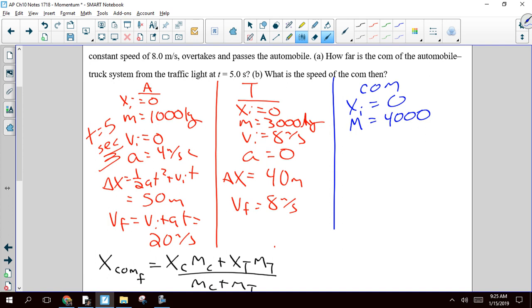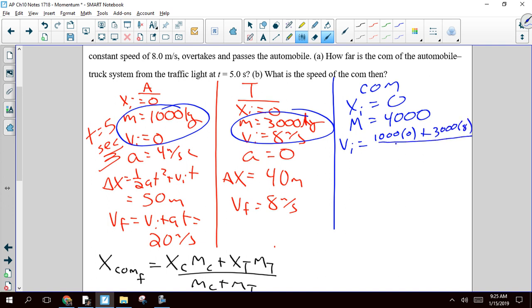So we could, if we wanted to, find the initial velocity of the center of mass. That would be the mass of the car times the velocity of the car, so 1,000 times 0, plus mass of the truck times velocity of the truck, divided by the total mass. And so that gives you 6 meters per second. Okay? We could find the acceleration of the system.